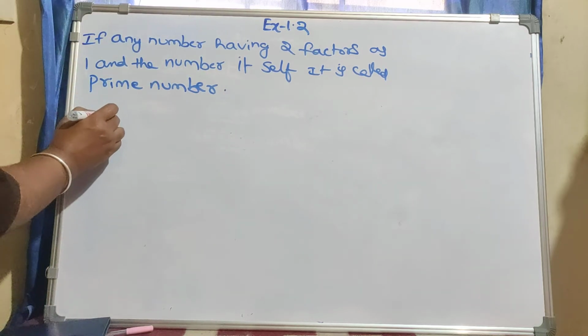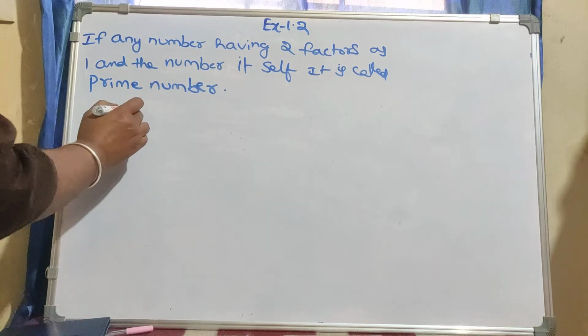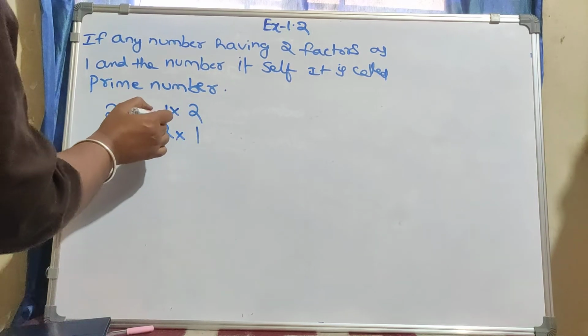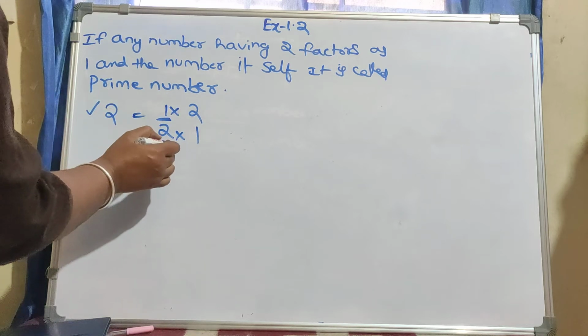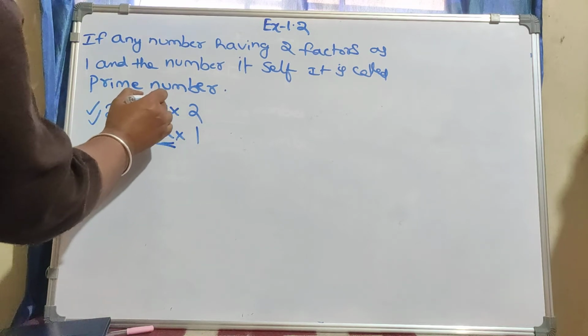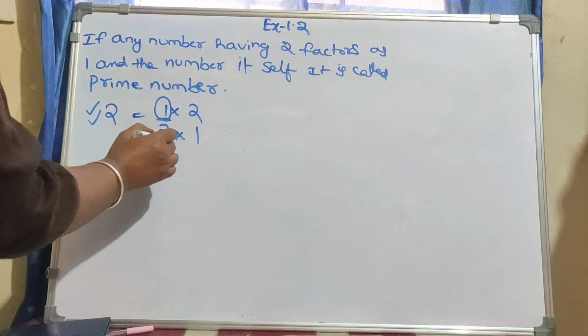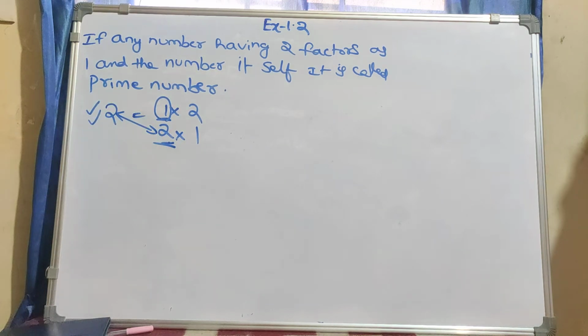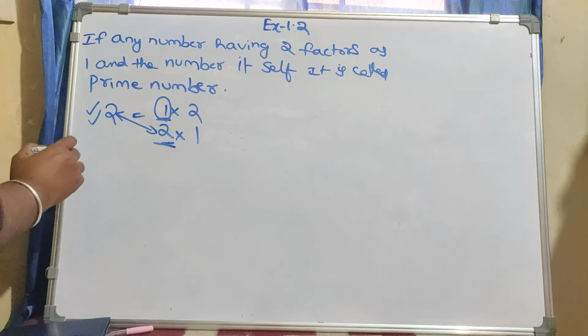Example, I have 2. 1 twos are 2, 2 ones are 2. 1 is a factor of 2, and 2 is a factor of 2. So 1 is a factor and the number itself is a factor, then it is called a prime number.